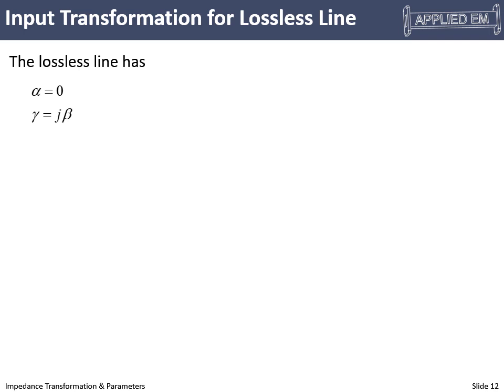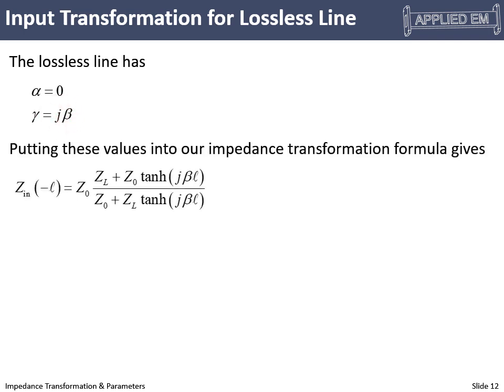Now let's think about how this would simplify if we had a lossless line. That previous equation was the general one. Well, for a lossless line, our alpha is 0. That makes our complex propagation constant, which is defined as alpha plus j beta, now just j beta. So we go into our previous equation, and everywhere there's a gamma, we put in j beta.